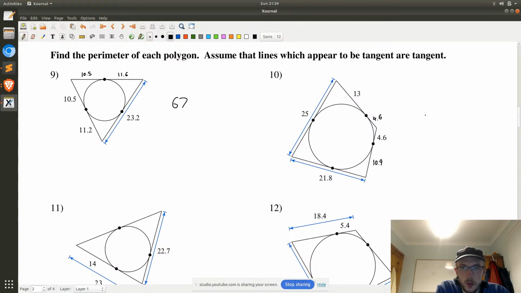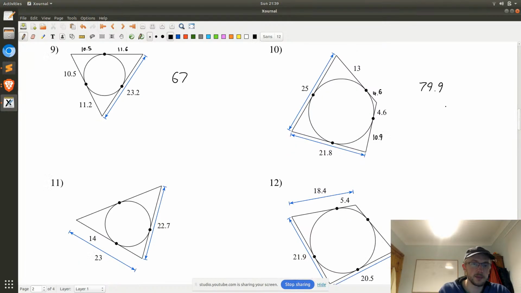We'll gather up the smaller decimals first. So 9.2 plus 10.9 is 20.1. 20.1 plus 21.8 is 41.9. And then 41.9 plus 38 is 79.9. Or so it seems.